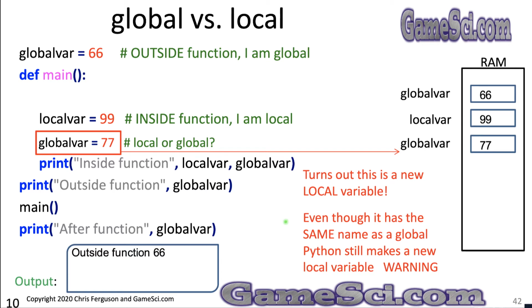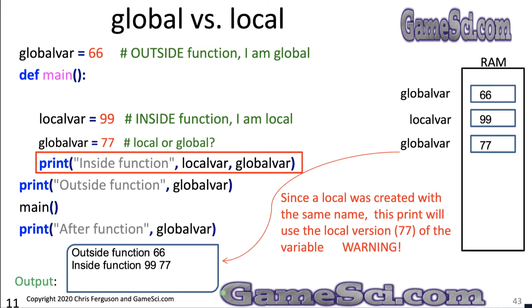Even though it has the same name as the global variable, Python still makes a local variable. That's why I've been warning you on this slide. You have to be very careful about understanding what's global and what's local. Even though I named it the same thing, it is not the same variable. This is a local variable.